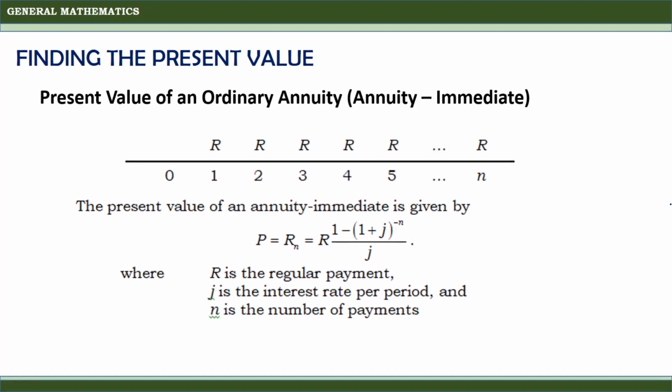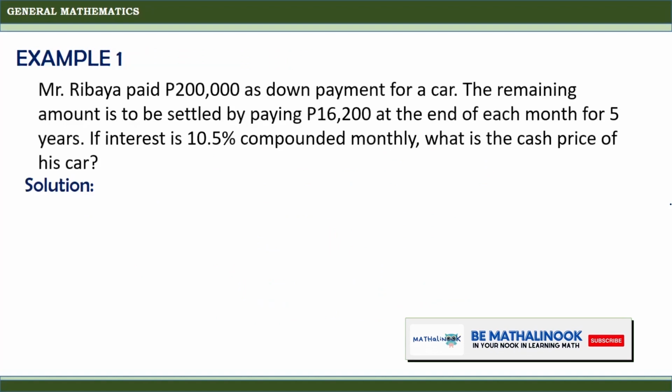To find the present value of an ordinary annuity, we will be using the formula P equals R sub n, which is equal to R times 1 minus quantity 1 plus J raised to negative n all over J, where R is the regular payment, J is the interest rate per period, and n is the number of payments. Let us consider to solve this problem using the formula presented earlier.